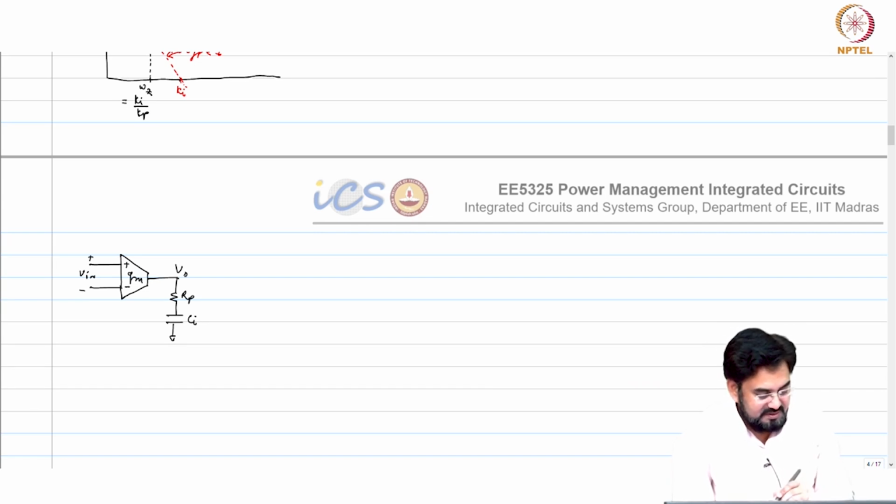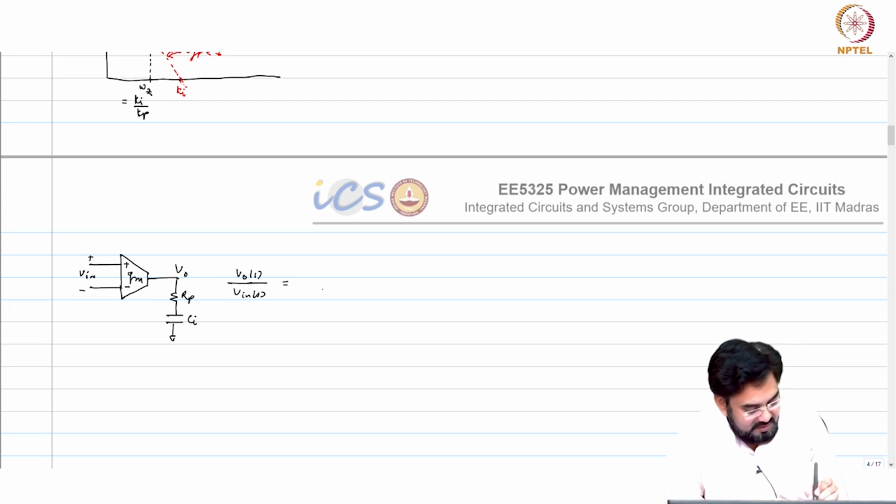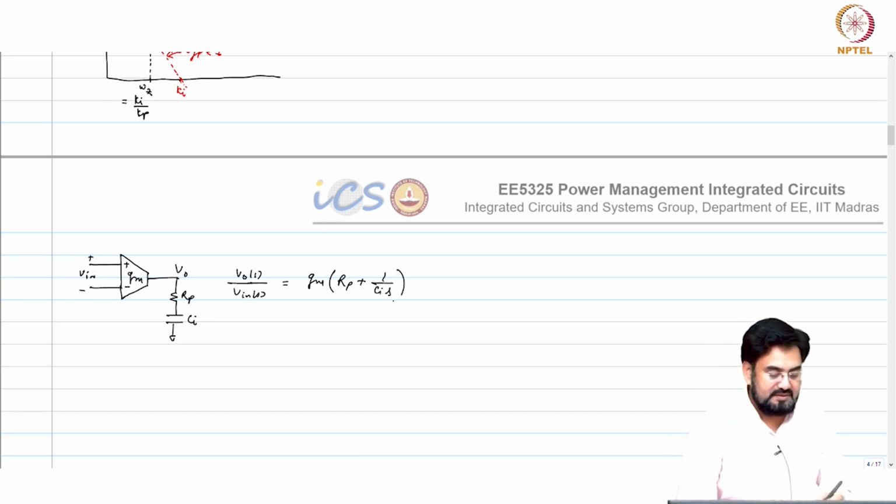What is the transfer function? Vout by Vin of S is equal to Gm into Rp plus 1 over SC. Okay.